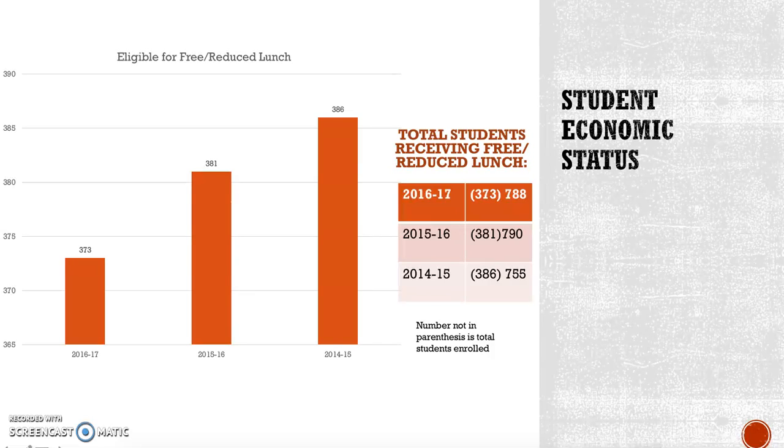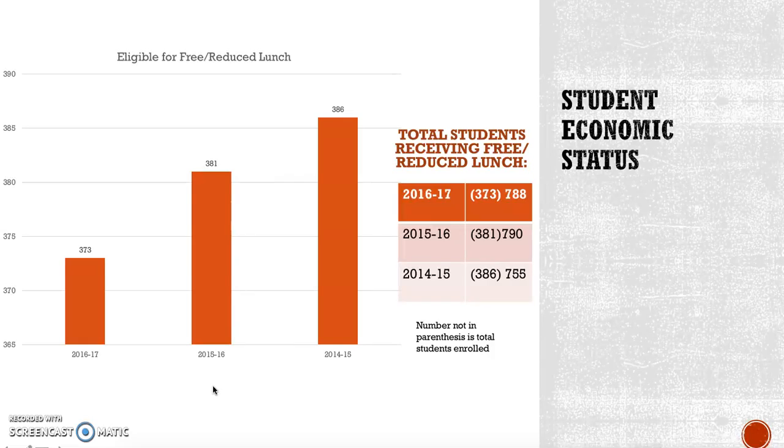We see in 2014 to 2015 there were 386 students, and then it decreases to 381 in 2015 and 2016, and then it decreases again to 373 students in 2016 and 2017. One of the reasons could be a large amount of the students' parents are not reporting that they are eligible for free and reduced lunch.